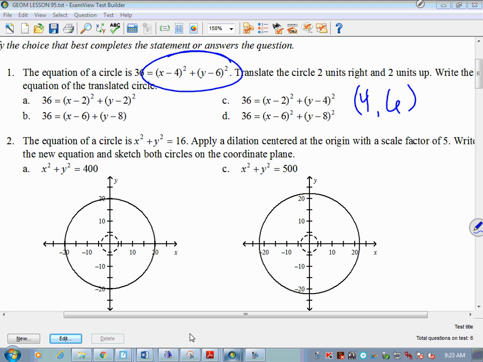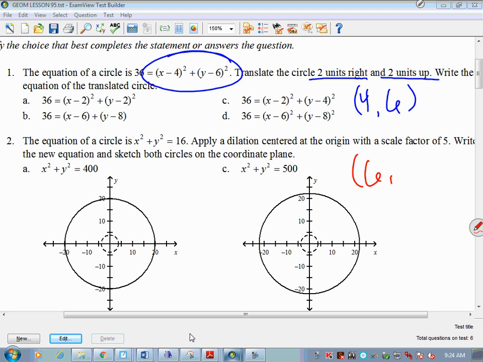Okay, so we want to look closely at these two things here. Right now we know that the center is at 4, 6. That's 4 to the right, 6 up, correct? If I want to go 2 more units to the right, am I affecting 4 or 6? 4. So am I adding to 4 or subtracting from 4? Adding.